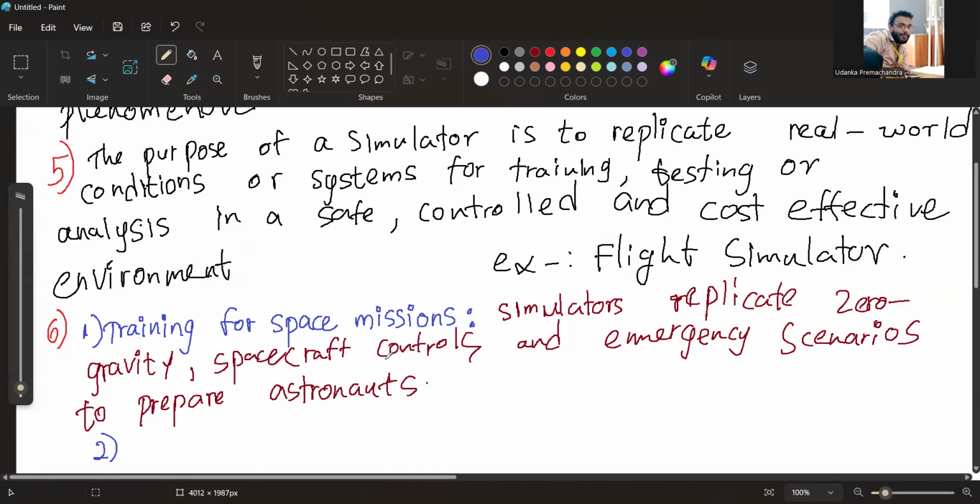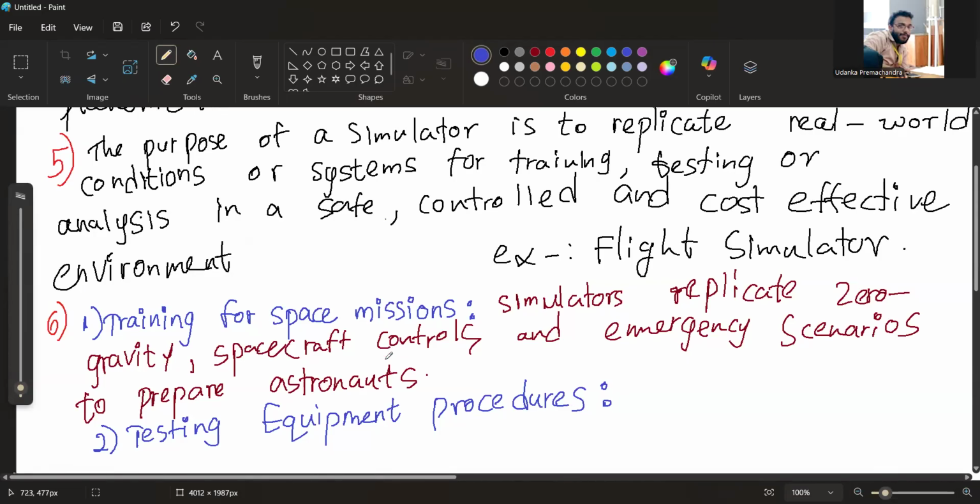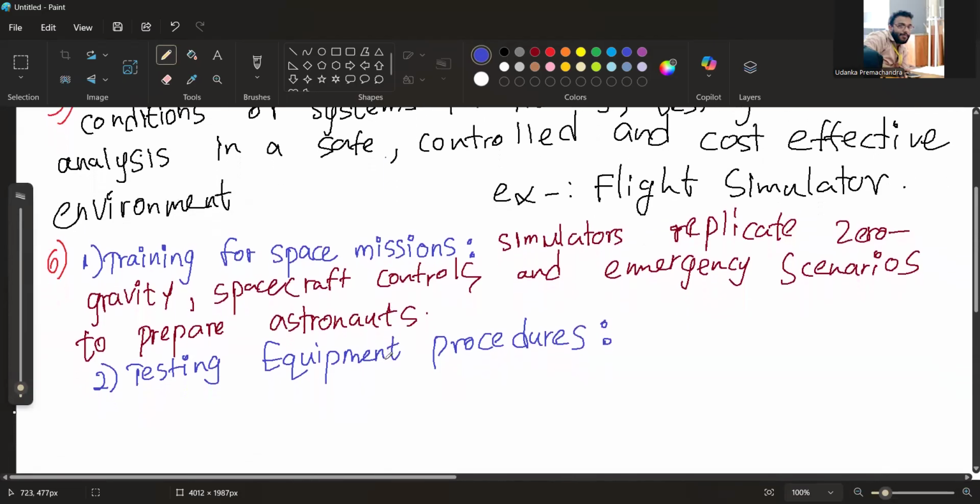Testing equipment procedures. It can be testing equipment procedures. What kind of thing?